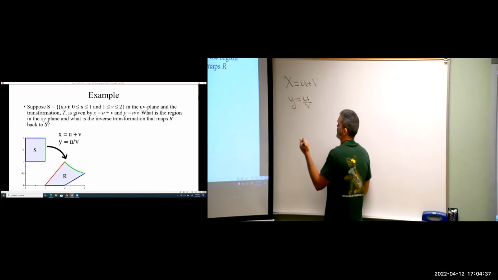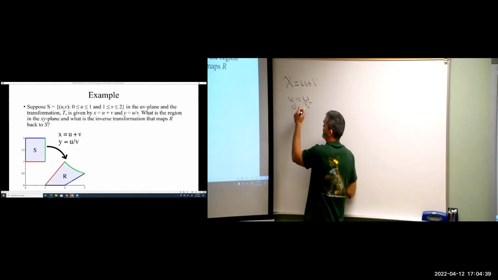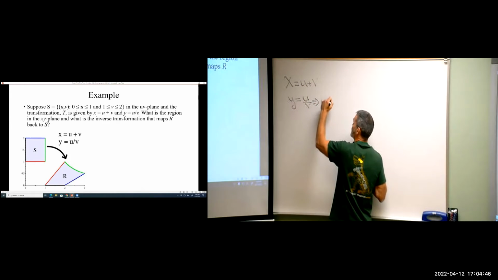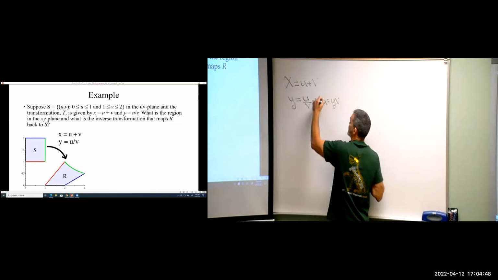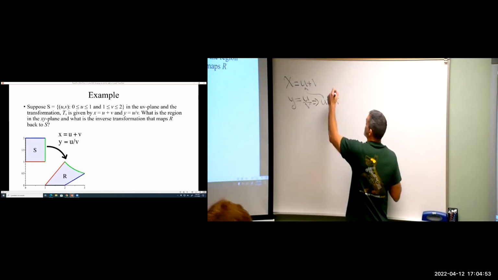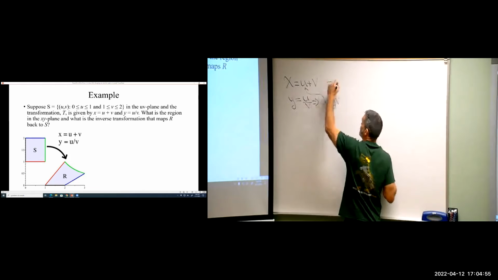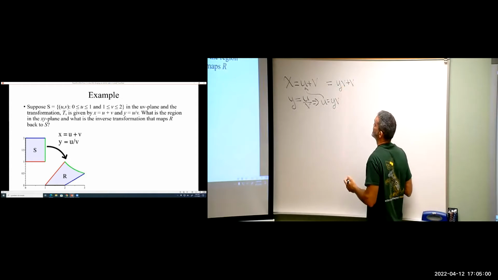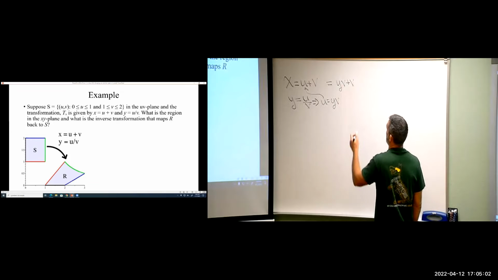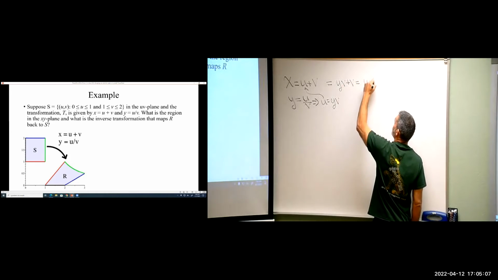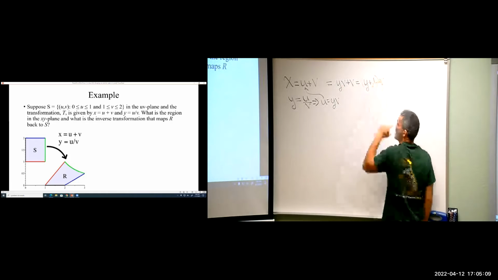There are plenty of different ways to go about it. I'm going to solve this one for u. If I multiply both sides by v, u equals y times v, and I'm going to sub it into this u here. That would give me yv plus v. That is something I can factor the v out of, so y plus 1 times v.